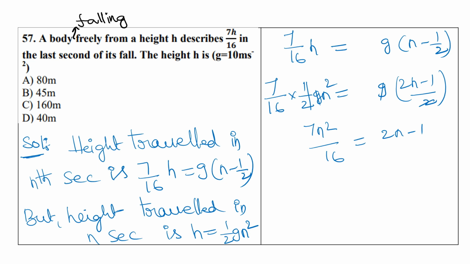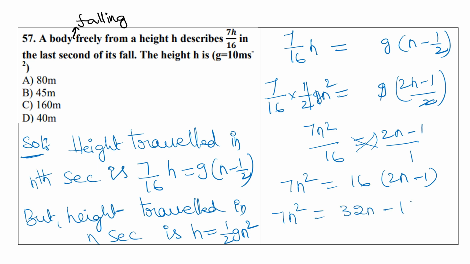Now taking cross multiplication, 7n square is equal to 16 into 2n minus 1. So 7n square is equal to 16 2s are 32n minus 16. So this can be written as 7n square minus 32n plus 16 is equal to 0. This is in the form of ax square plus bx plus c is equal to 0. Now finding the factors, splitting into two terms.